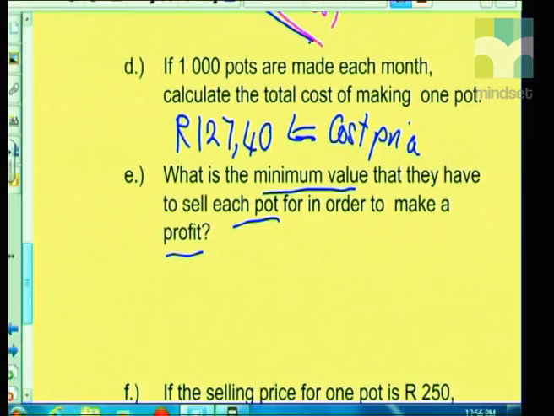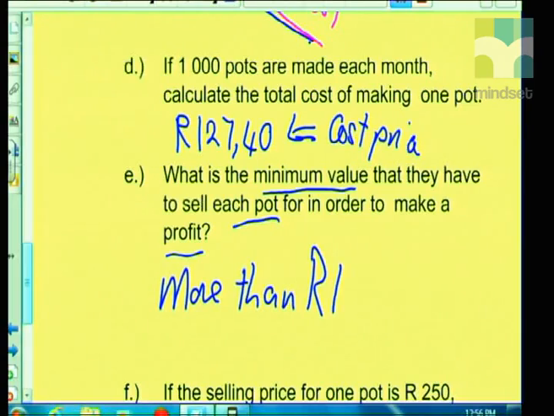So that's the cost price. The minimum value you have to sell each to make a profit. To make a profit, it has to be more than 127 Rand and 40 cents. So anything less than that, you're making a loss. We've got to sell it for at least that.